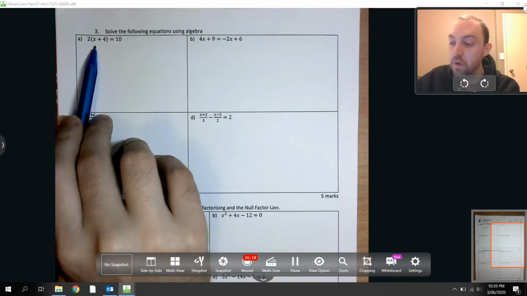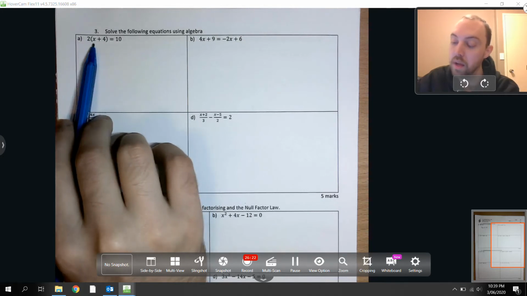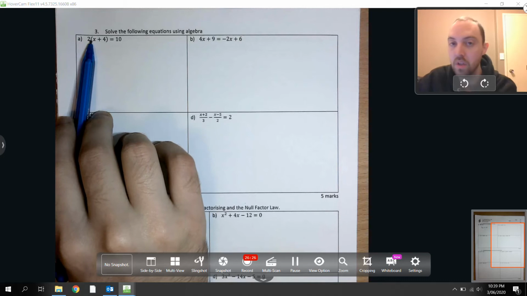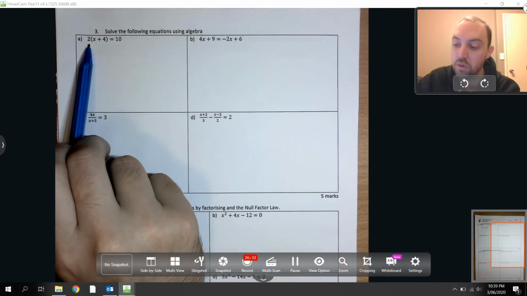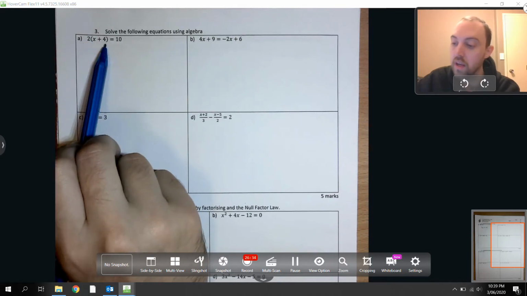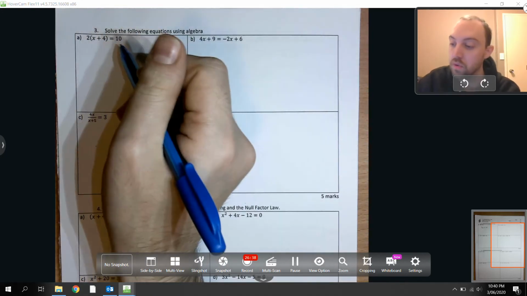For part A, most people would expect to expand this bracket, and it would get you to the right solution, but we don't need to. Because 2 is multiplying this whole thing, I can just divide both sides by 2.